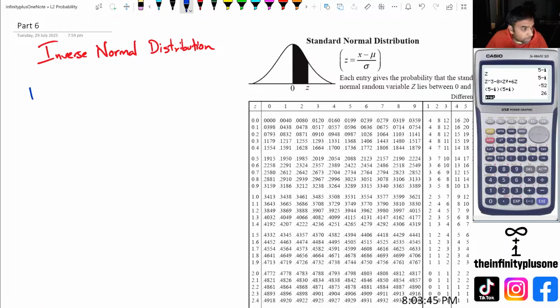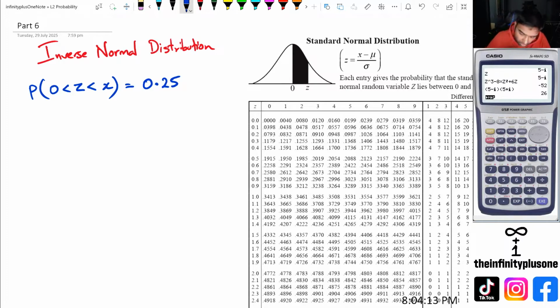So we're going to be doing probability of Z, and I'm gonna put this as little x right now, equal to 0.25.